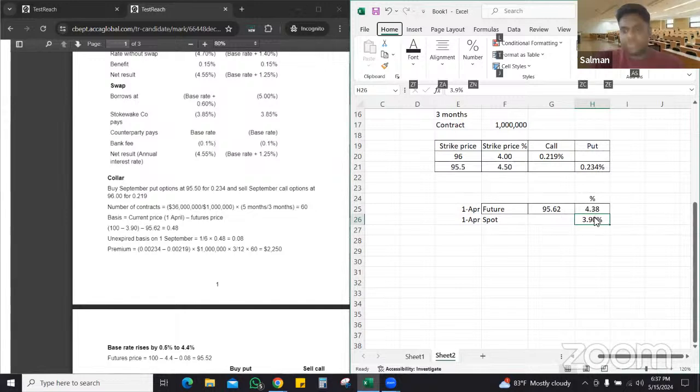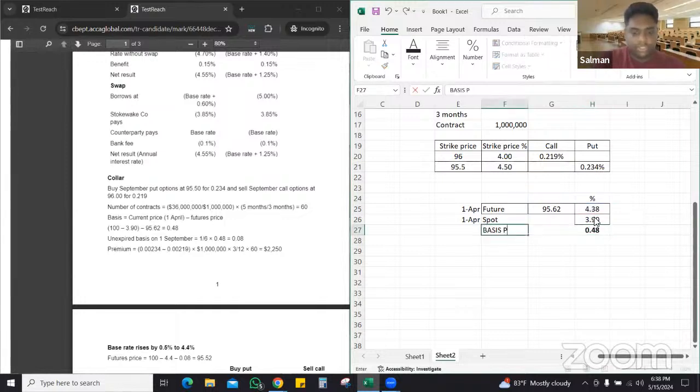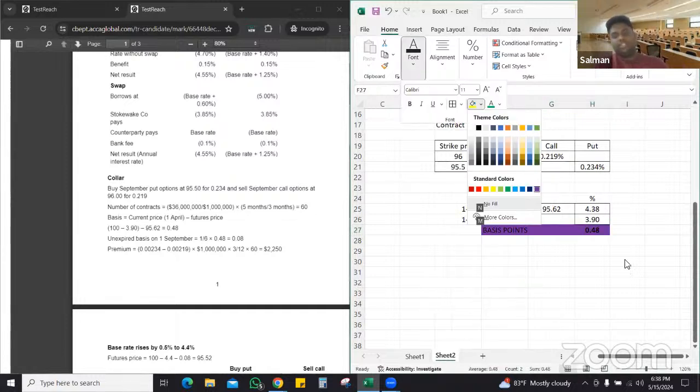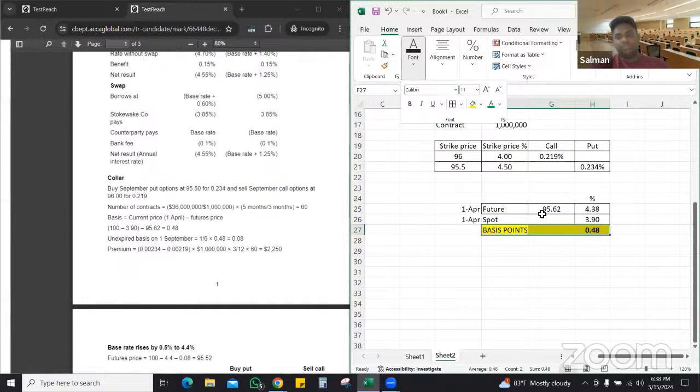If you look at the difference between these two, what's the difference? 0.48. This 0.48% is what? This is the basis point, so basis risk. Basis risk is 0.48.